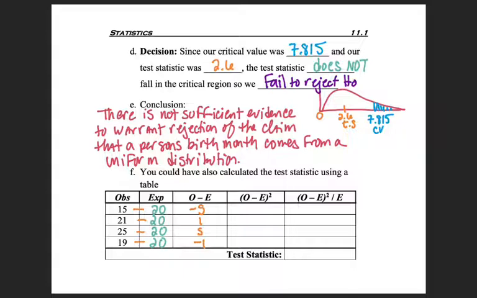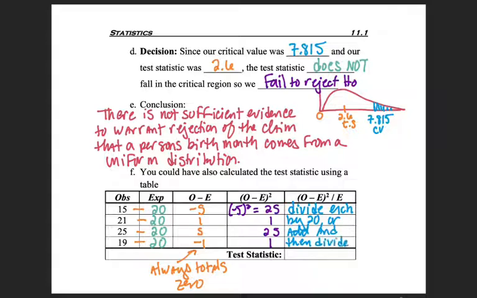You could then square all of those values. Oops, I forgot. Don't forget that should total 0. I don't know how many people check it, but now I'm going to go ahead and square. And again, we could divide by the expected 20, or we could just add them and then divide, but only when all of the expected are the same. So I got a total of 52 divided by 20, which is the same test statistic.